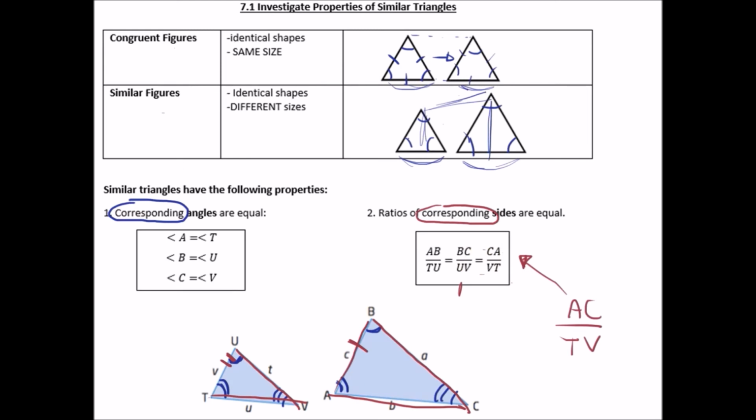You can name them either way, but we have to make sure that we stay consistent. So if we go from T until V, we have to go from A until C. We have to be consistent because we're going from the double angle here to the triple angle here. So you can either say AC, TV, or you can go backwards both ways, CA, VT. Just be consistent. You'll get used to it, I promise.